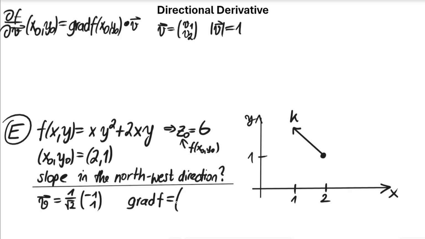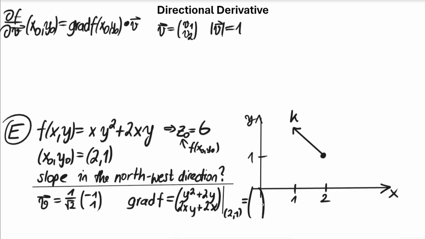So the gradient of f at this point of interest, which I neglect here. What is the gradient of this function f? You derive according to x, which is y squared plus 2y. And you derive according to y in the second component: 2xy plus 2x. These two partial derivatives have to be evaluated at the specific point 2, 1.